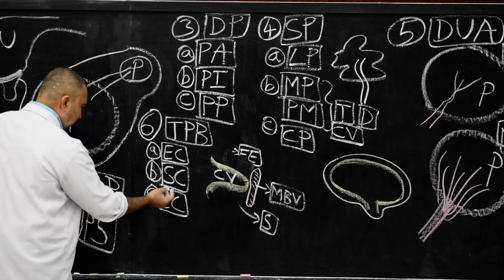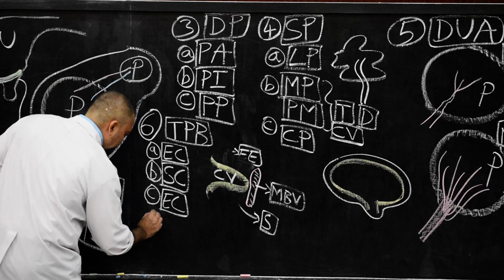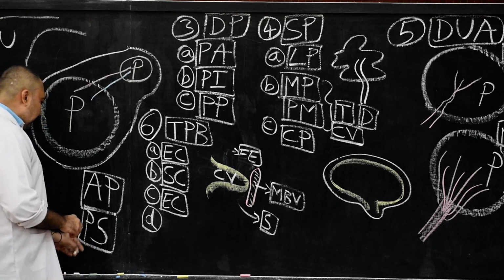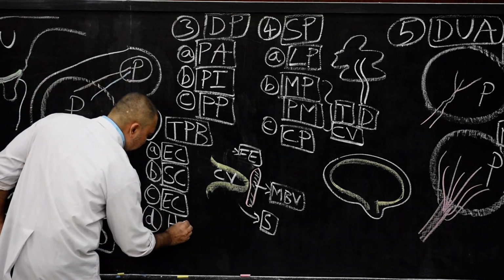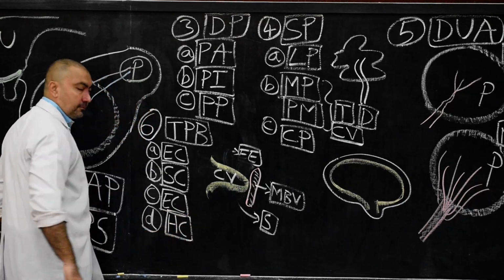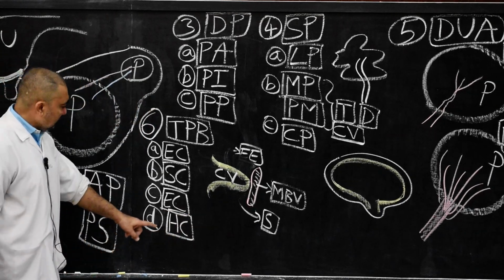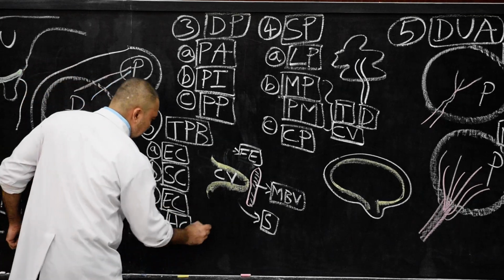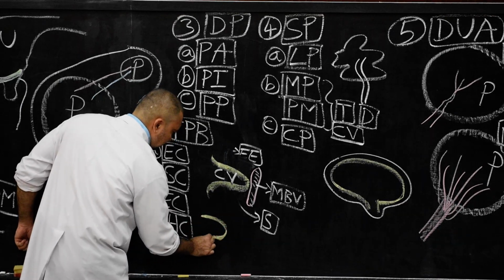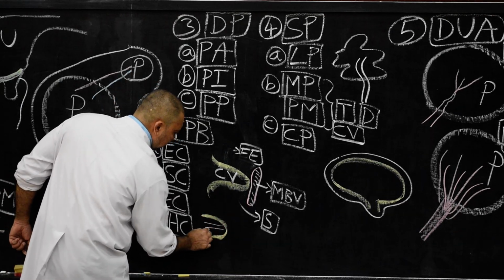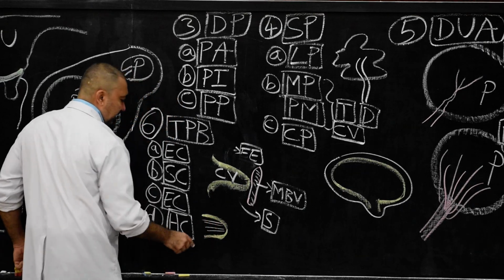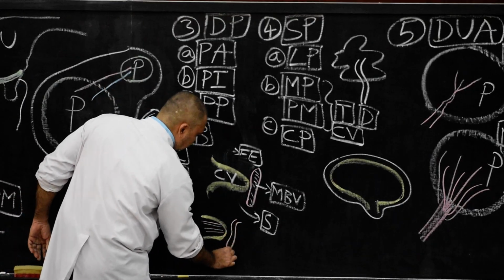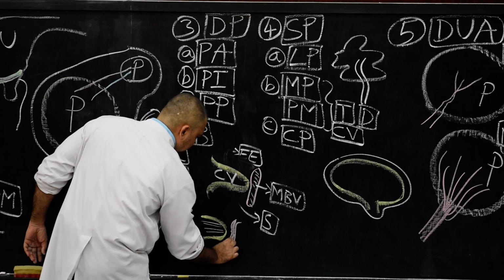And now comes our human placenta, and that human placenta will be hemochorial. In hemochorial, very simple, the chorionic villi having fetal blood vessels will be separated from the maternal blood vessels.